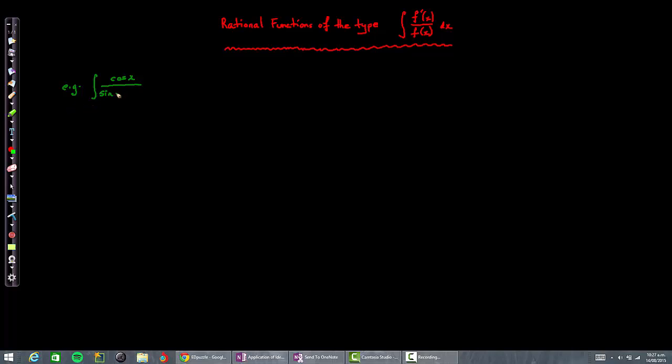So a rational function is where you've got one thing essentially divided by another, which we do here. But it's not one of those sort of ones where you've got a polynomial on top and bottom, where you could divide the bottom into the top, or write this over a simple single denominator and then integrate each part. Instead we've got this weird looking trig thing. So how do we set about trying to integrate here?